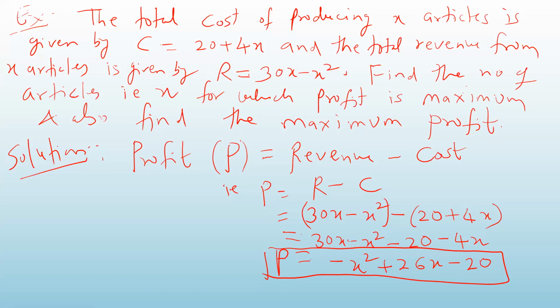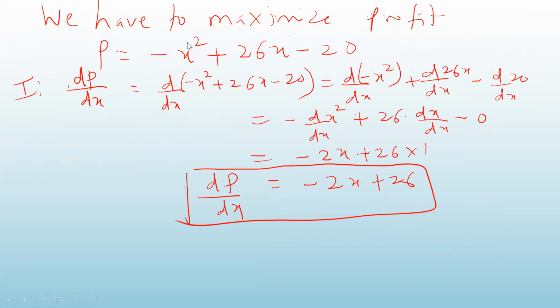So you have to maximize that profit. We go step by step. First step is to find the derivative of profit. So derivative of P, which is minus x square plus 26x minus 20: derivative of minus x square plus derivative of 26x minus derivative of 20.